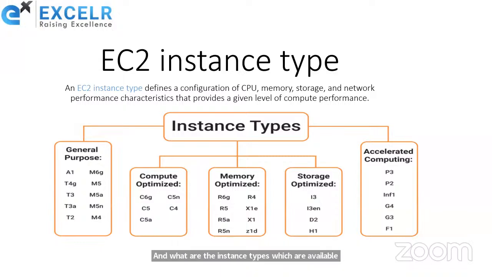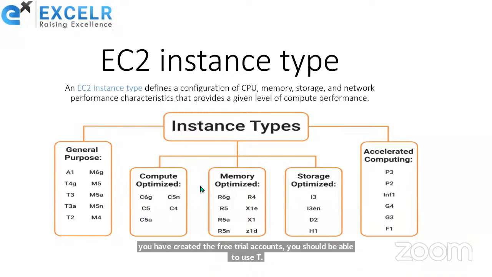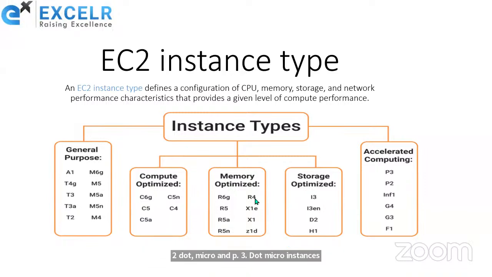Again, to repeat, a free tier account is the only way that we are able to practice during the projects or during the learning stages. I hope some of you might have created free tier accounts. If you have, you should be able to use T2.micro and T3.micro instances, whichever are tagged with free tier eligibility. That we need to make sure.